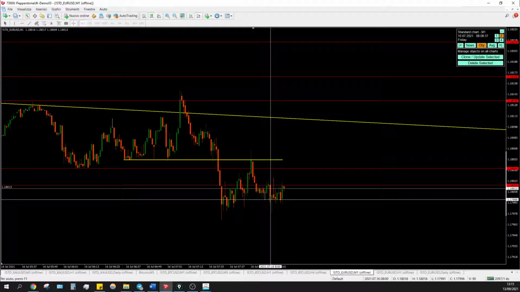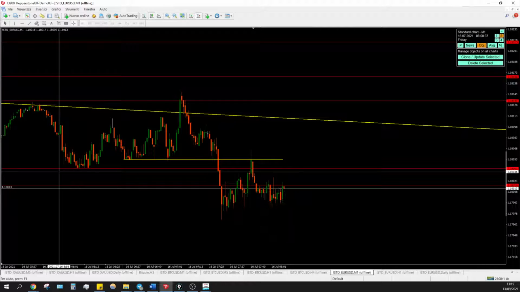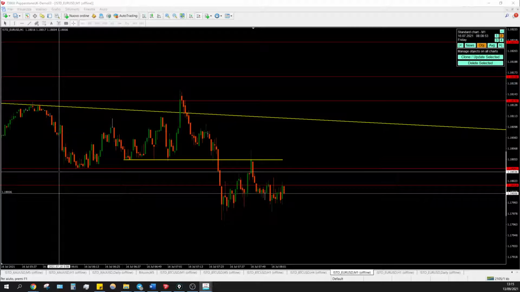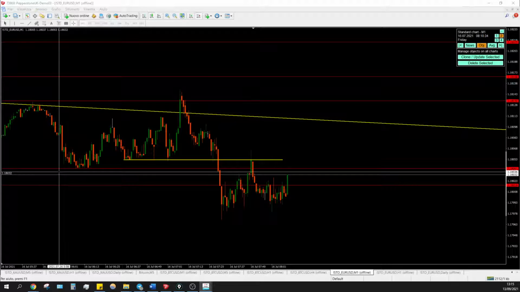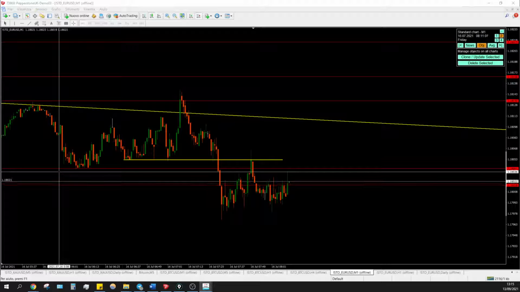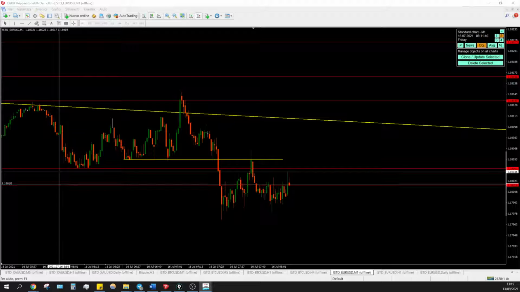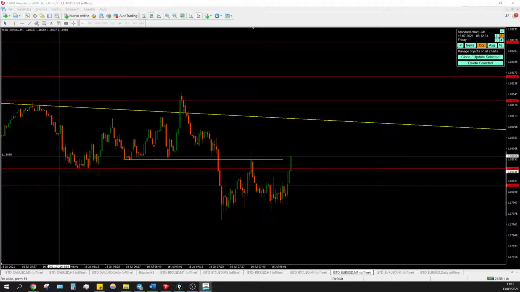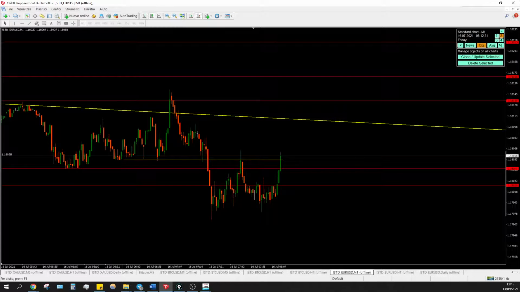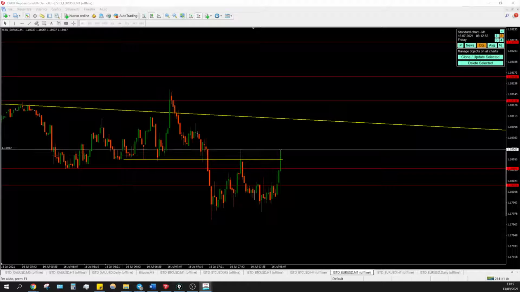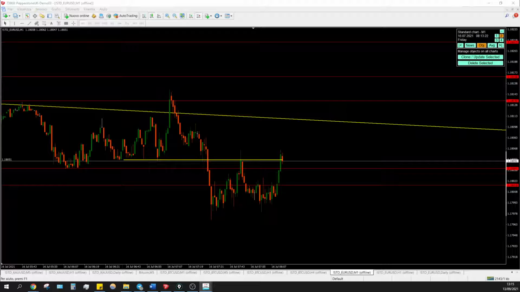Looks like we are creating a flat underbody support. Okay. We are breaking above. Let's see if we have a full retest.